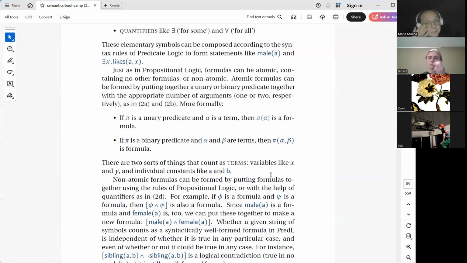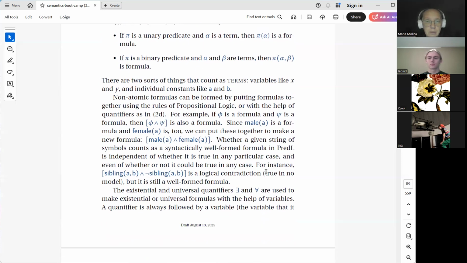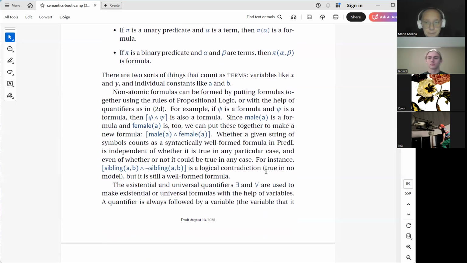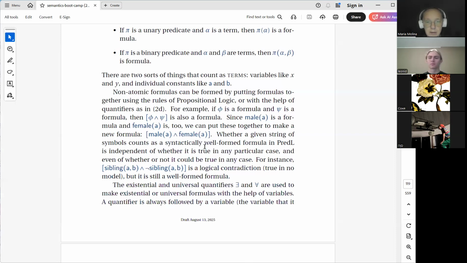So we've got formulas P A, we've got formulas P A B, and so on. And we can include logic operators here.